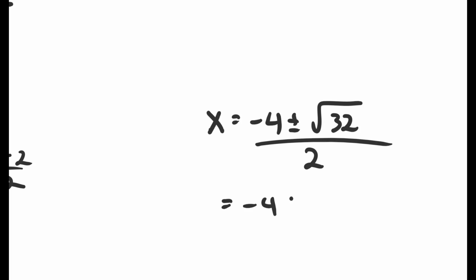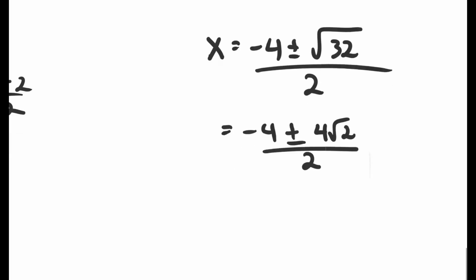Well, you still have to simplify your radical. Guys, what's the square root of 32 simplify down to? You guys were right. Should be 4 root 2, correct? Because 16 times 2 is 32, so the square root of 16 is 4, all over 2.